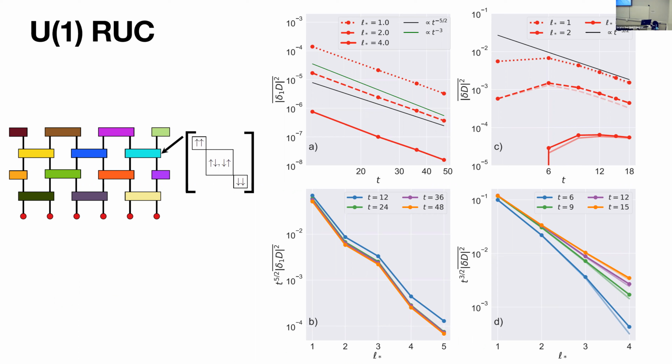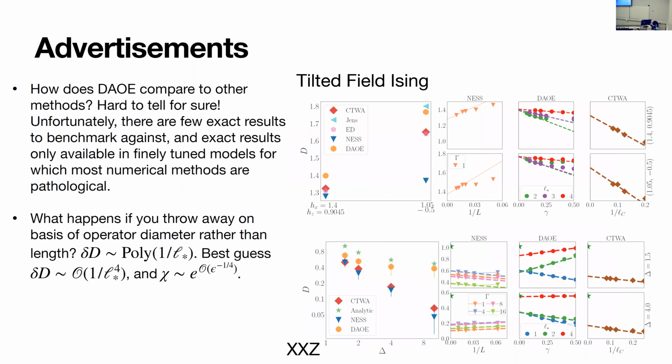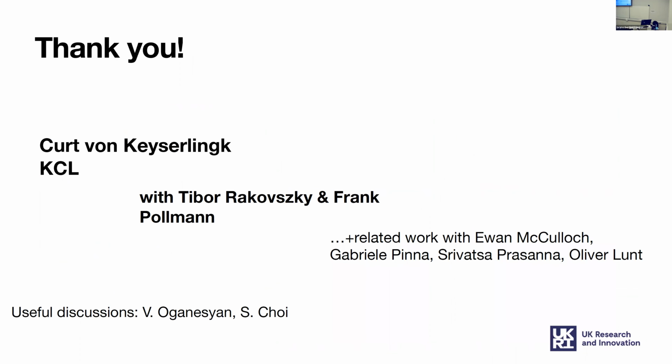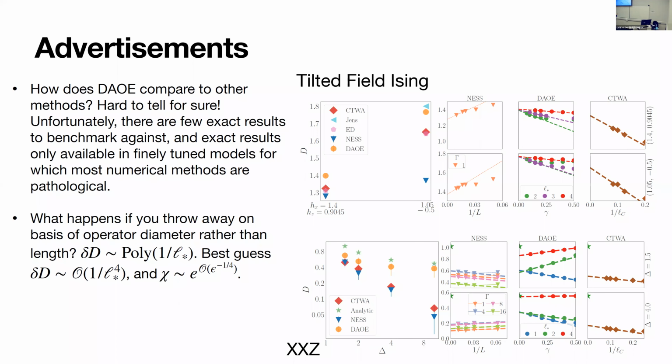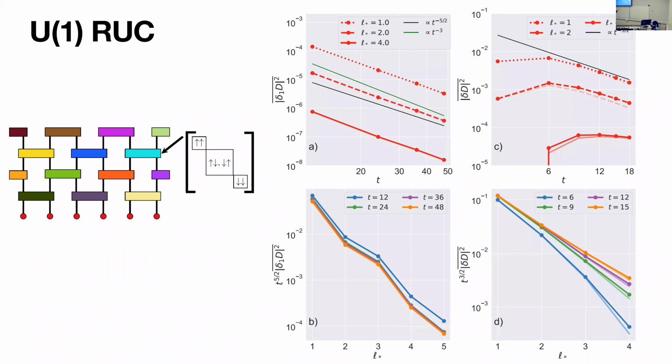Okay, the data are again broadly consistent with exponential decay. Let me just highlight the second column, which is the difference between the diffusion constant and the diffusion constant you get by periodically projecting into short operators. Let's focus on the second column here.